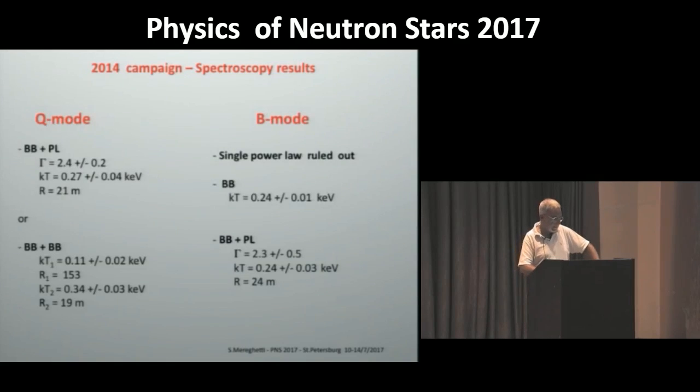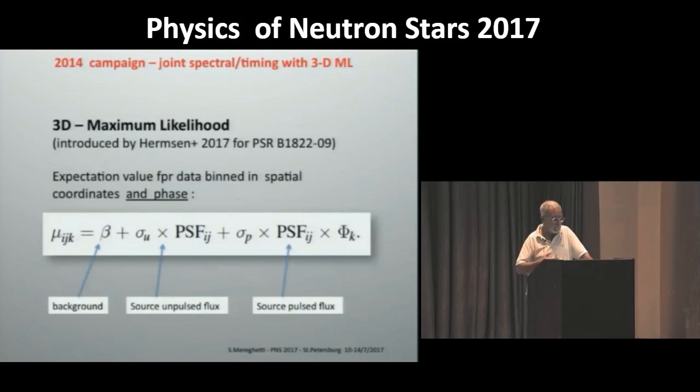And then, as a next step, thanks to an extension of the maximum likelihood method, which we called a 3D maximum likelihood, in the sense that besides fitting the data in the spatial coordinates, we also introduced the phase dependence of the flux.